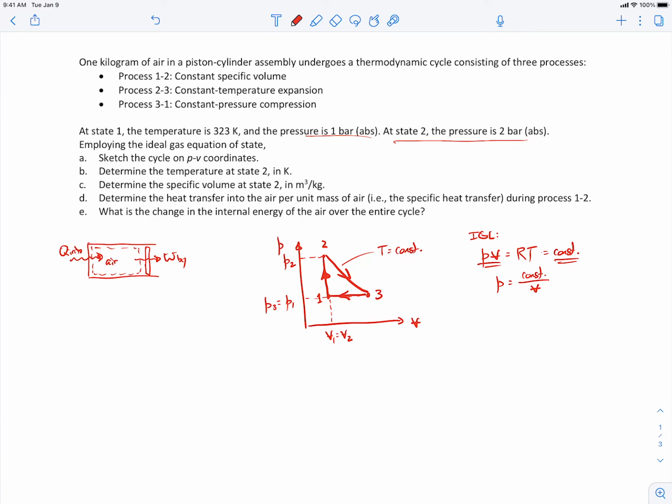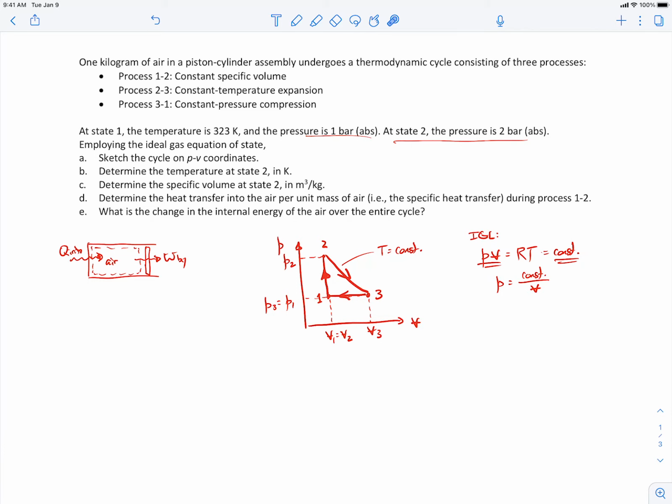Okay, so this is my point 3. So a constant volume process from 1 to 2, pressure is increasing. From 2 to 3, it's a constant temperature process. It's expanding, so the specific volume is getting bigger. And then from 3 to 1, it's a compression at constant pressure. So P3 and P1 are the same. Back to 1, so this is our cycle.